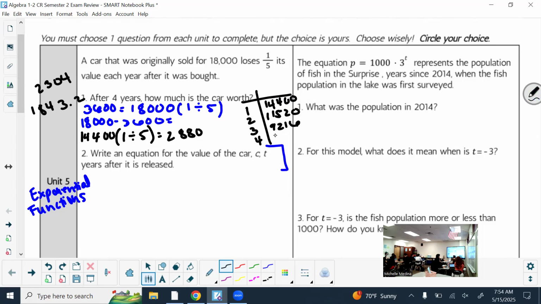And then I get 7,372.8 after 4 years. That's what it's worth. At least that's what I get from doing it the long way.